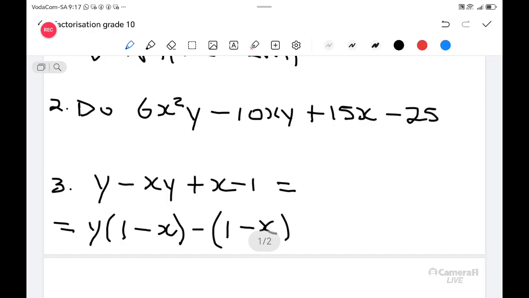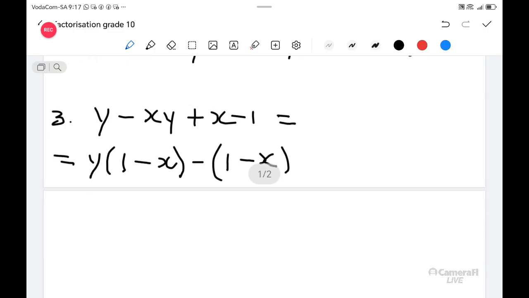And then we can go further and say, okay, now we are left with what? How many terms? 1, 2 terms. Oh, in these 2 terms, what is it that is common? It is 1 minus x. You take out 1 minus x. And then what is it that we are left with here? It is y.